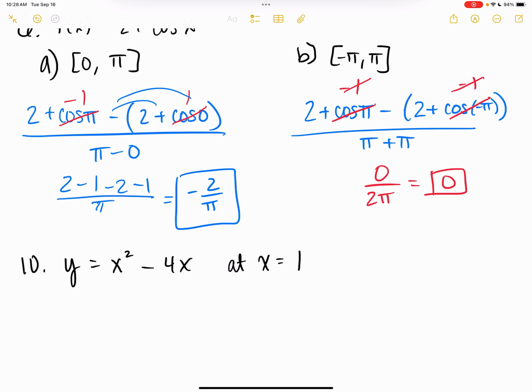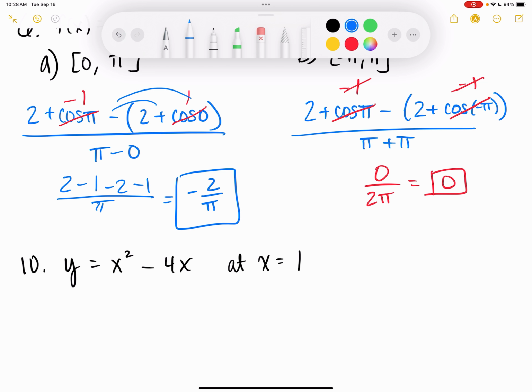So 1 is my a value from that formula, so just to have it for reference here, so I don't have to keep flipping back and forth. The limit as h approaches 0, f of a plus h minus f of a all over h.